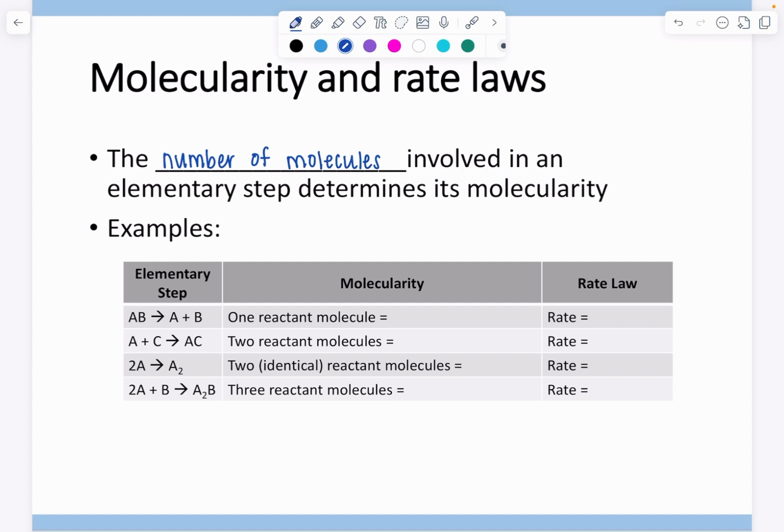So for example, if we have this reaction here, AB forms A plus B. There's only one reactant molecule, so we call this a unimolecular reaction, or a unimolecular step. And so the rate is equal to the rate constant times the concentration of that reactant.